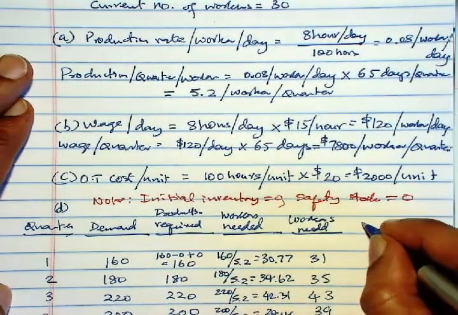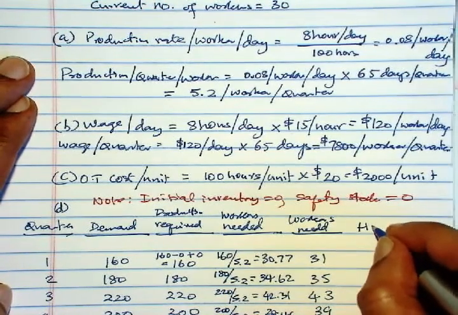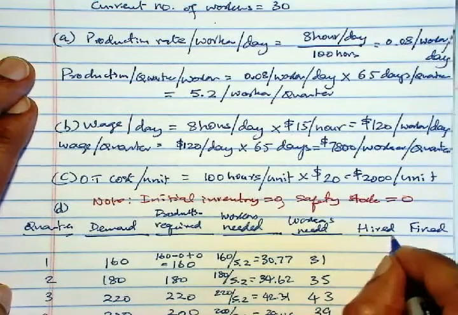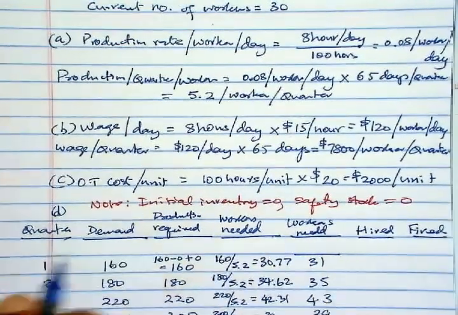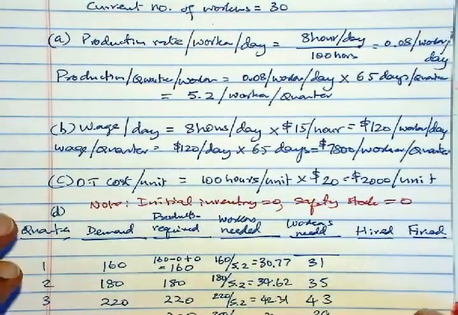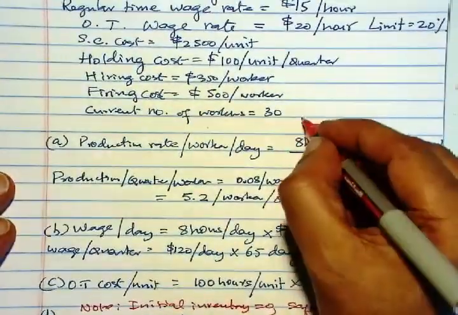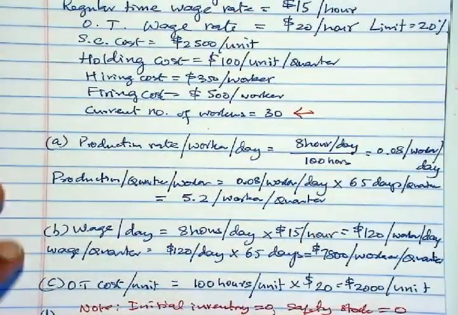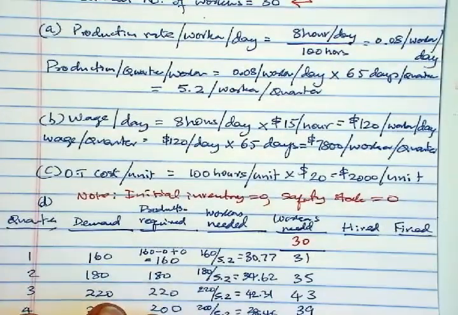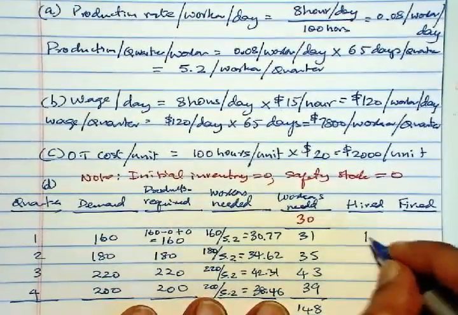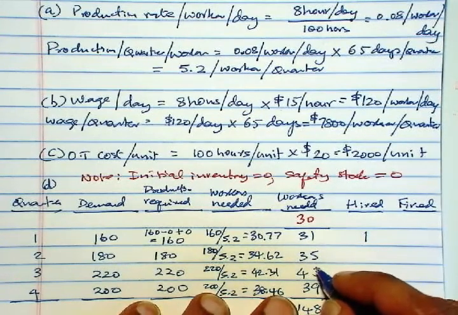Okay, next is workers hired and fired. So here is where the initial value is important. Initially we have 30 workers. So if we need 31 in quarter 1, we have to hire 1 worker.